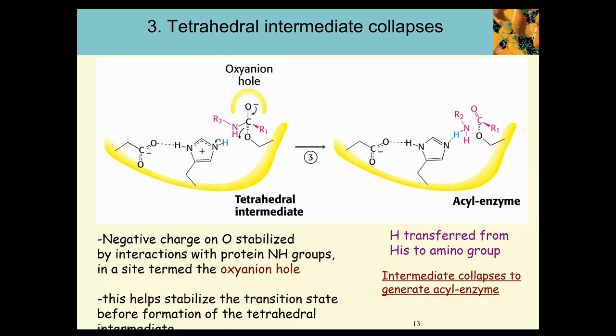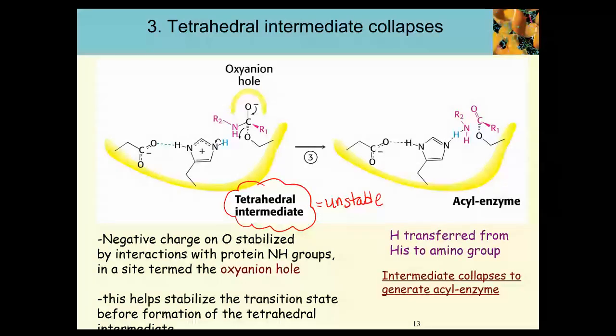Okay, so now at this point, our tetrahedral intermediate's unstable, right? So that's unstable. And what you're seeing between here and here is that the peptide bond is broken.